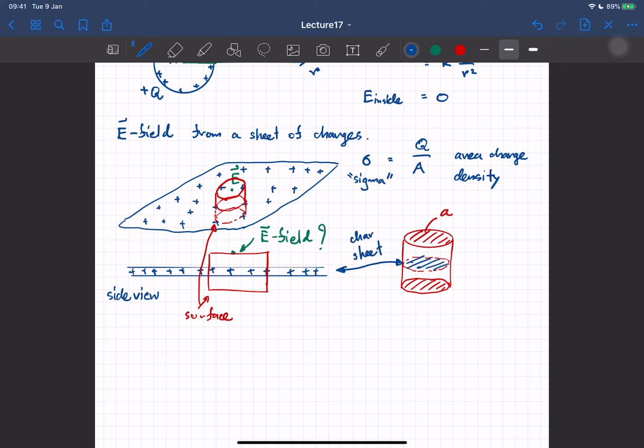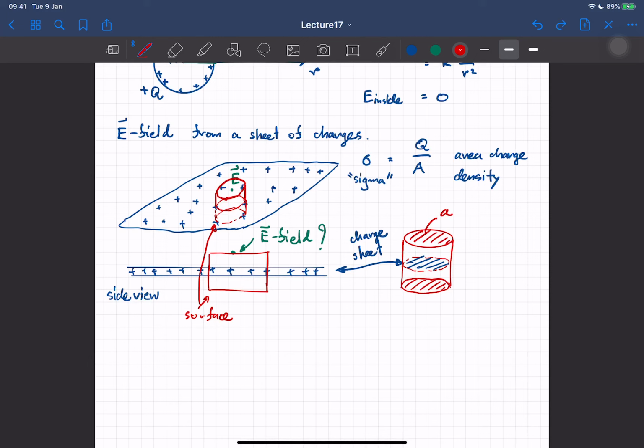Okay, so looking at this cylinder, there are three surfaces, right? The top lid, the bottom lid, and the wall of this cylinder.